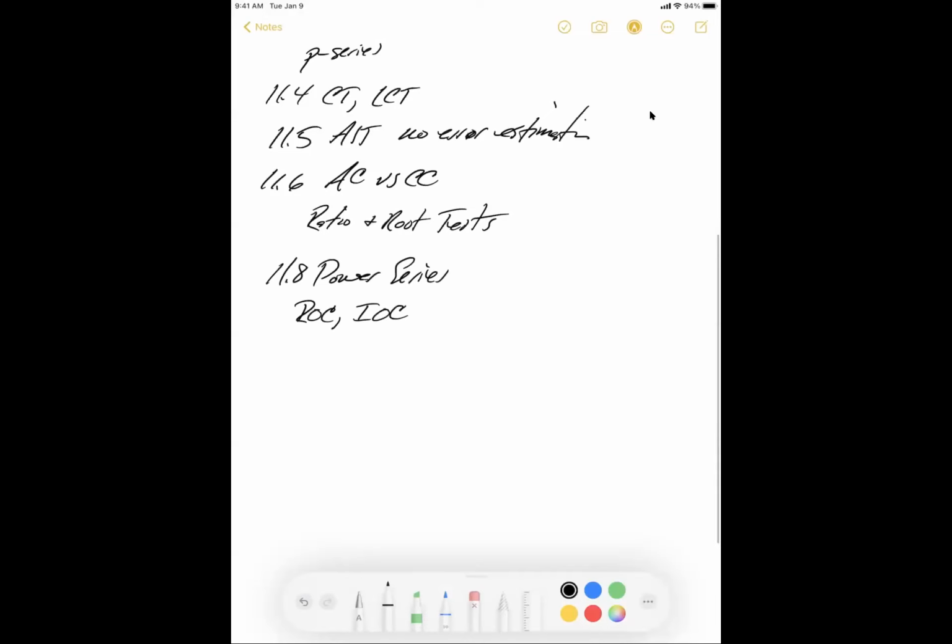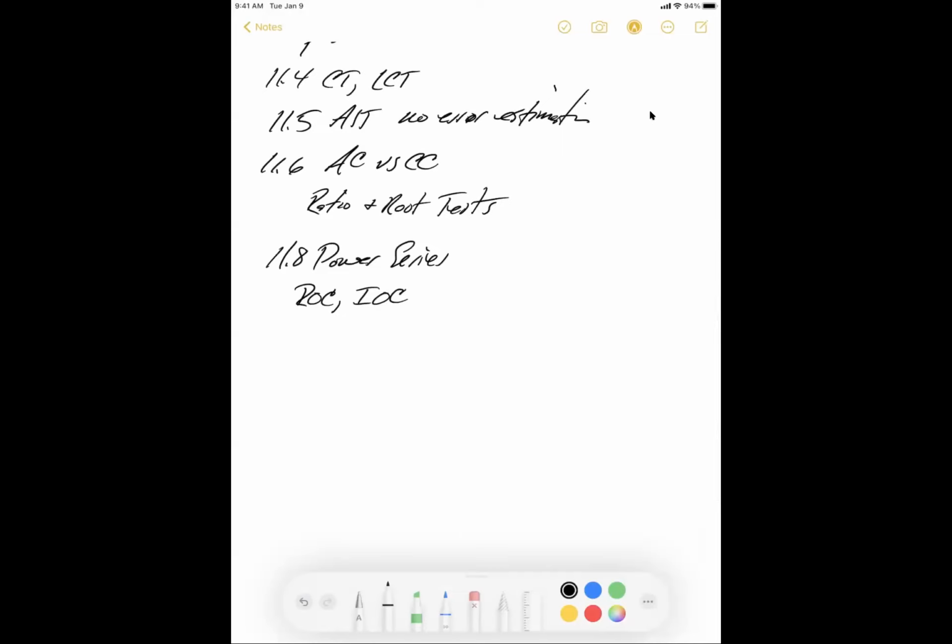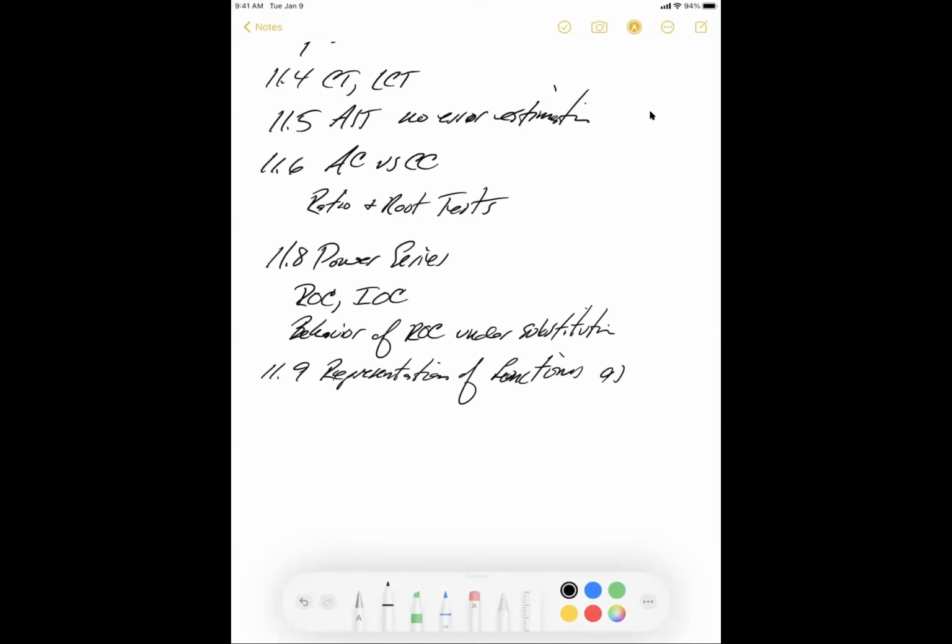And you should also, this is where we learned, and you need to know this, the behavior of the radius of convergence under substitution. 11.9, that's representation of functions as power series.